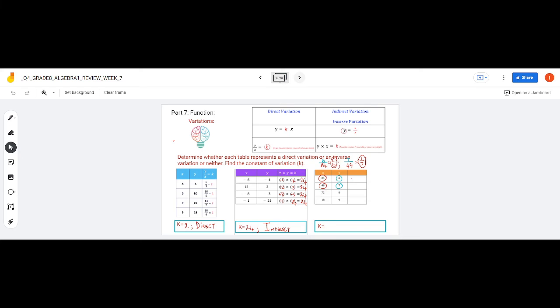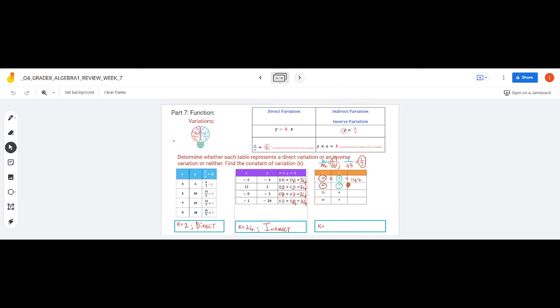So let's try indirect variation. Indirect variation tells us that if we multiply these two numbers, we should get the same answer. So if I multiply 24 by 6, we get 144.